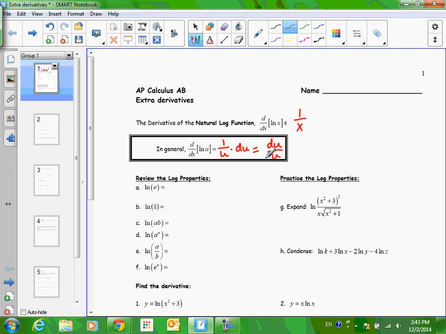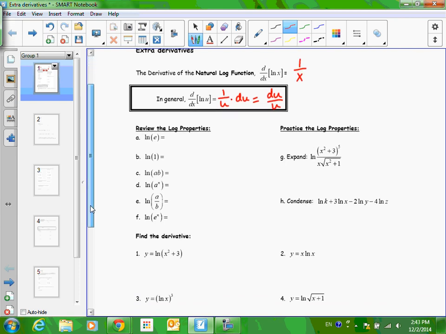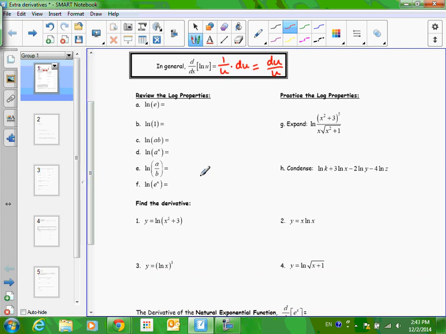But I wanted to get the rule out there, and what I want to do now is review some log properties. Okay?